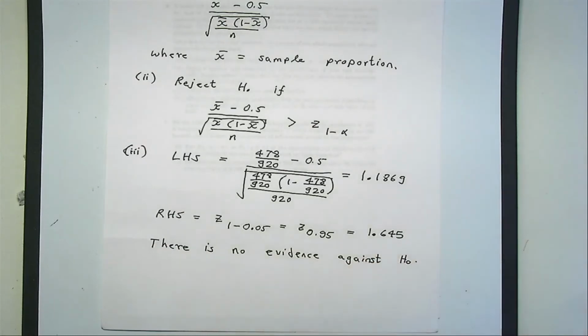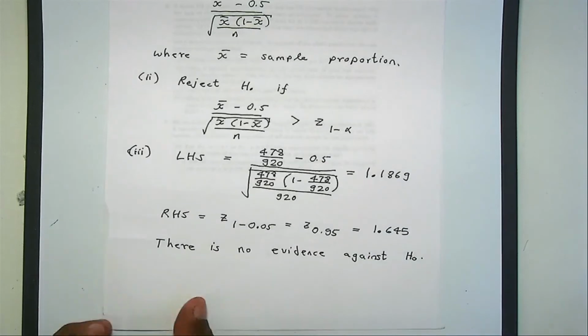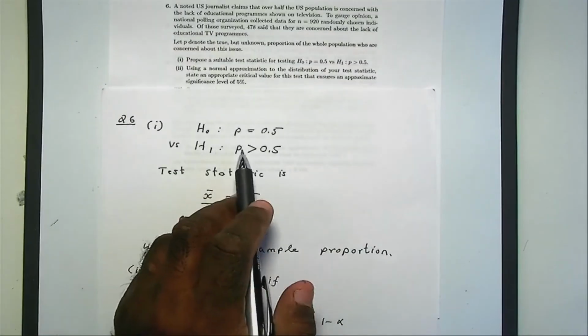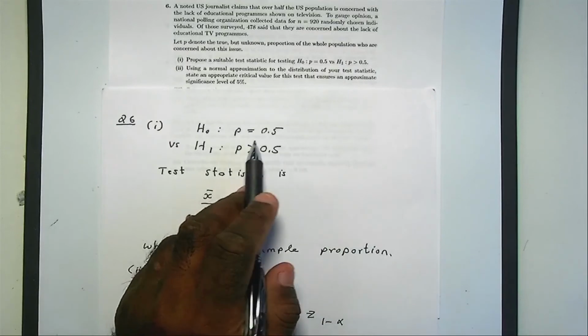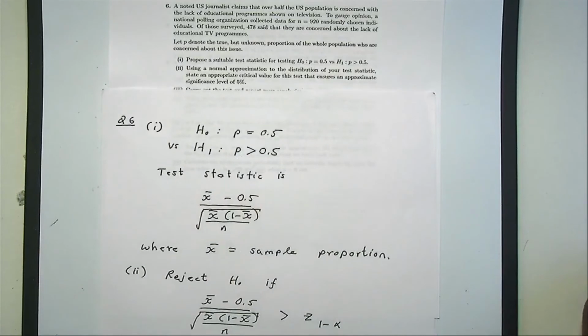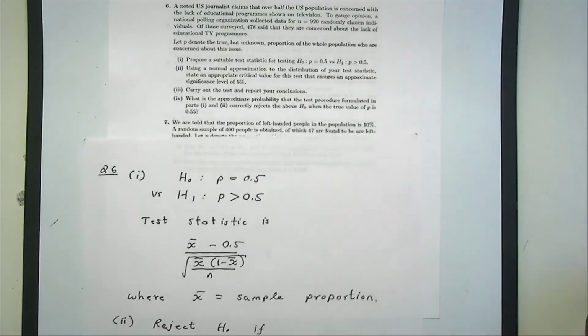In other words, there is no evidence against the hypothesis that the population proportion is equal to 0.5. Okay, so that completes part 3.